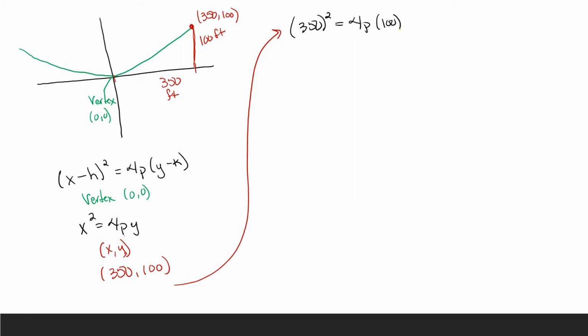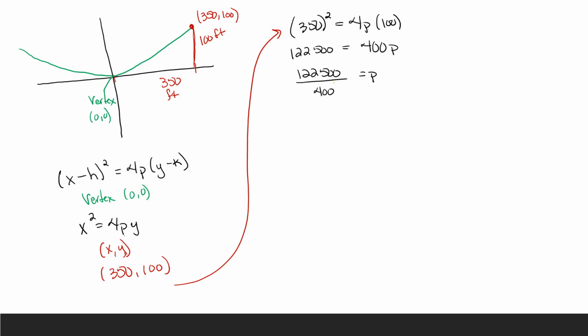Okay, so remember, we have to keep things exact. So we have 350 squared, and some of you already got your calculators out working on this. This is what I have: equals 400 times p. So we're working on just the arithmetic part, shall I say.